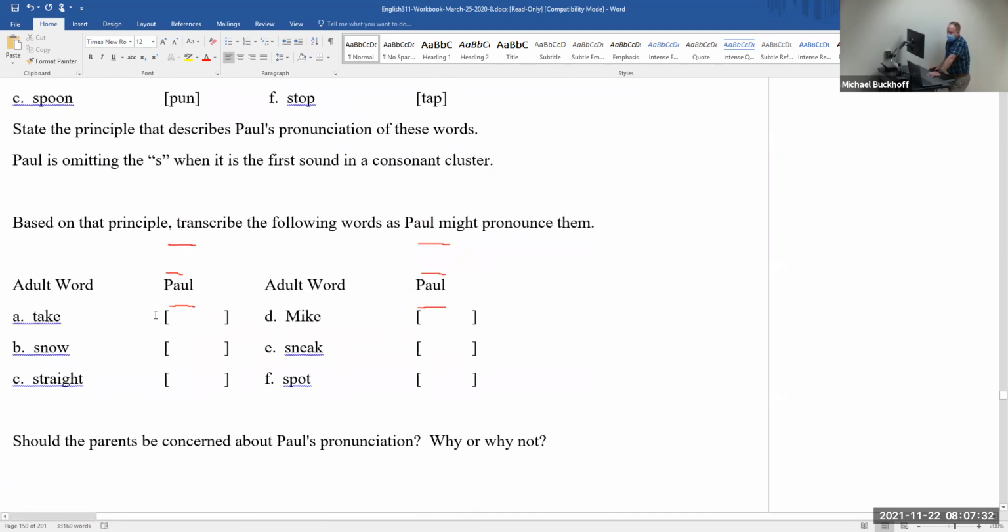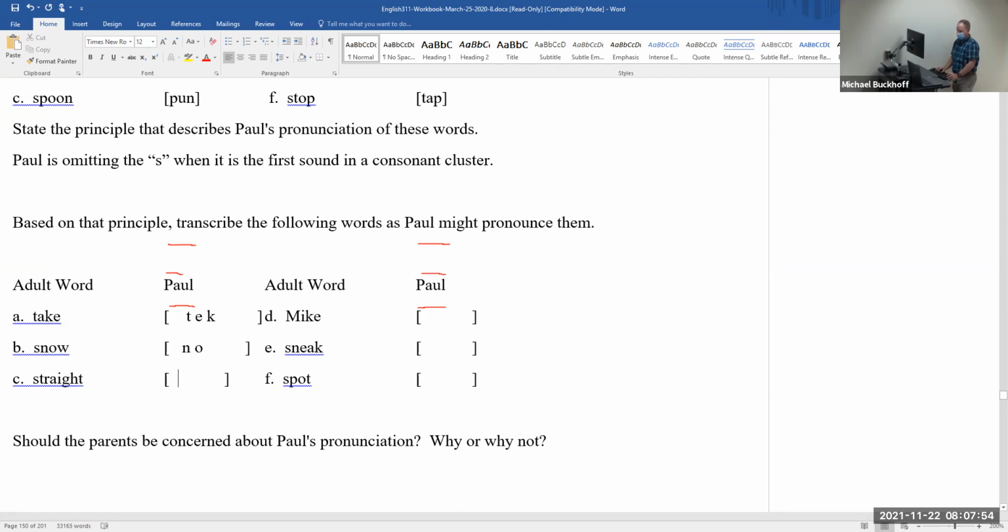Then it says, based on that principle, transcribe the following words as Paul might pronounce them. So the first one is probably the same thing, right? Take. So how would Paul say the word snow? Probably just no, right?